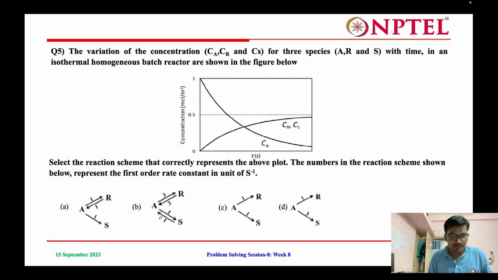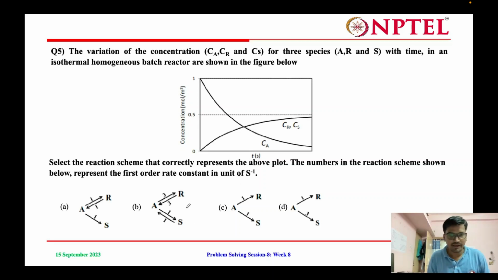Now check option B. If both R and S form reversibly with rates 3, 1 by S and 1 by S respectively, then the curve for R would be above the curve for S because more R is formed.